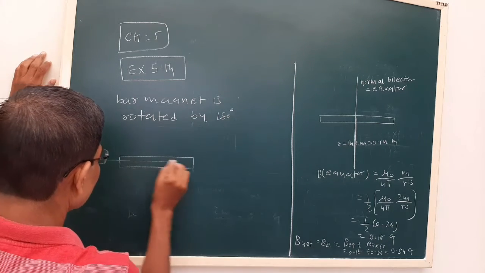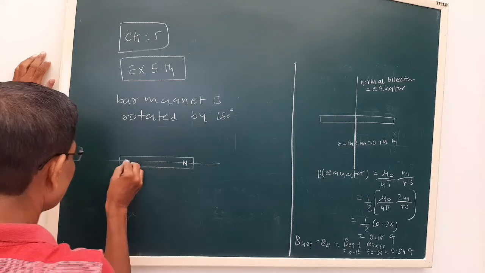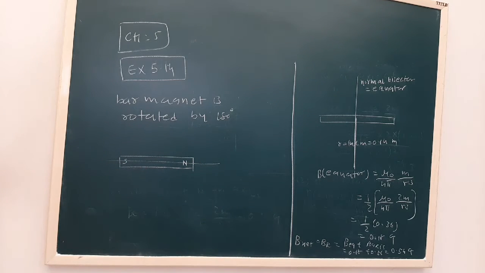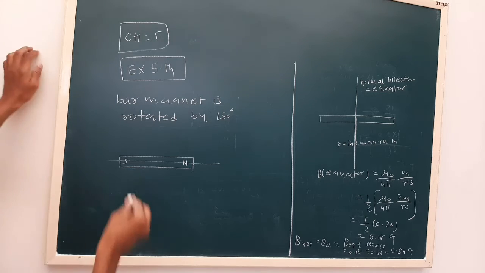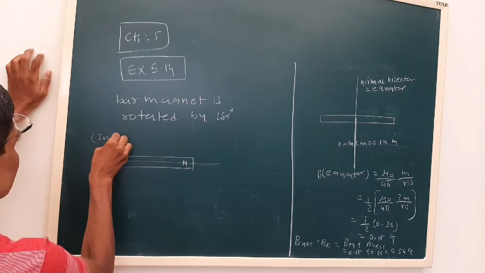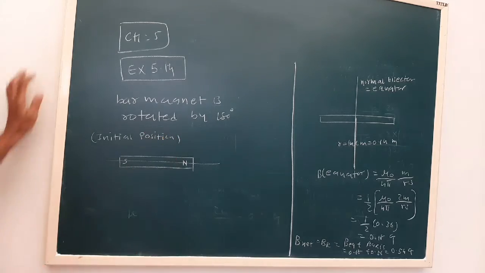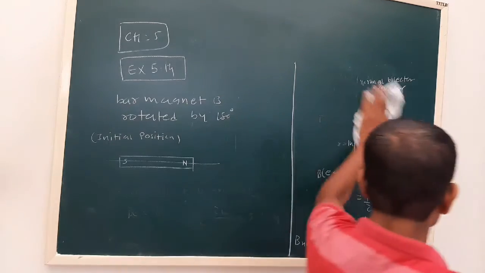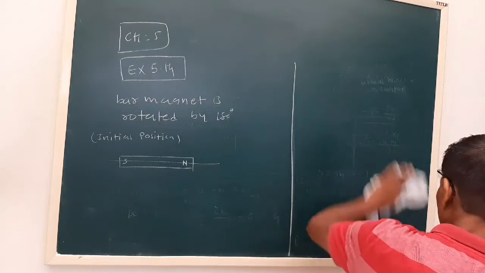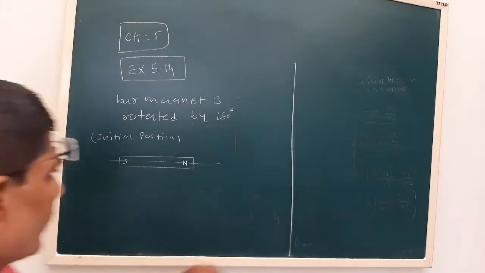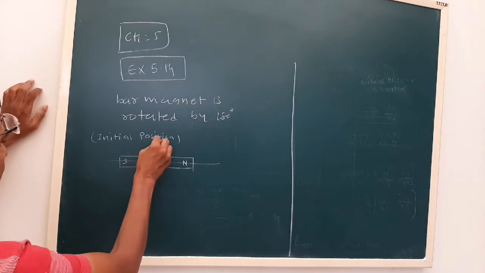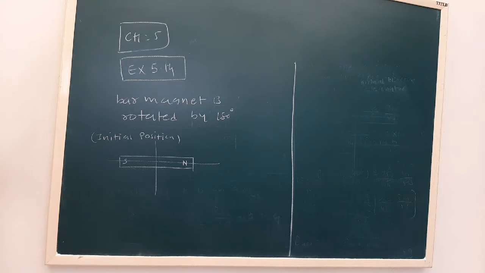The bar magnet's initial position was like this, N and S, as we have seen. The null point was on the axis. This is the initial position. Now the magnet is rotated by an angle of 180 degrees.